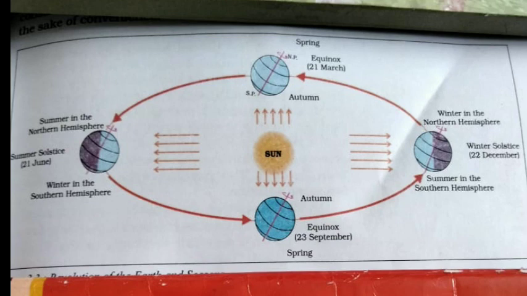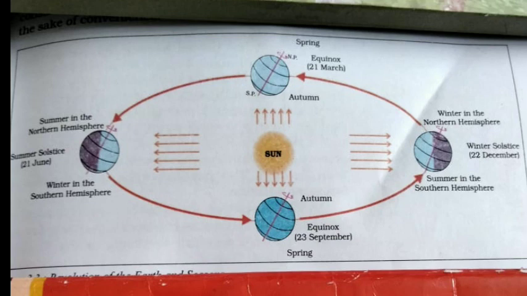The North Pole is inclined towards the sun, and the places beyond the Arctic Circle experience continuous daylight for about 6 months. Since a large portion of the northern hemisphere is getting light from the sun, it is summer in the regions north of the equator.